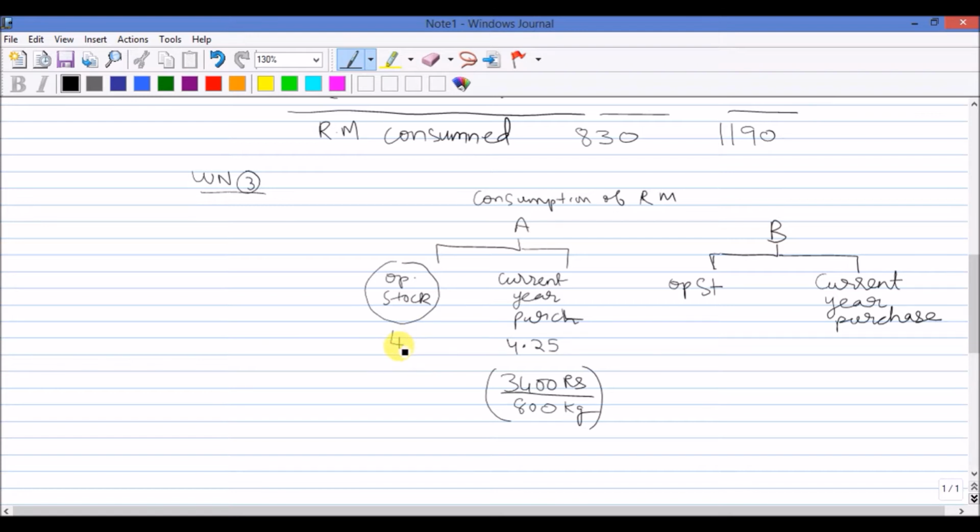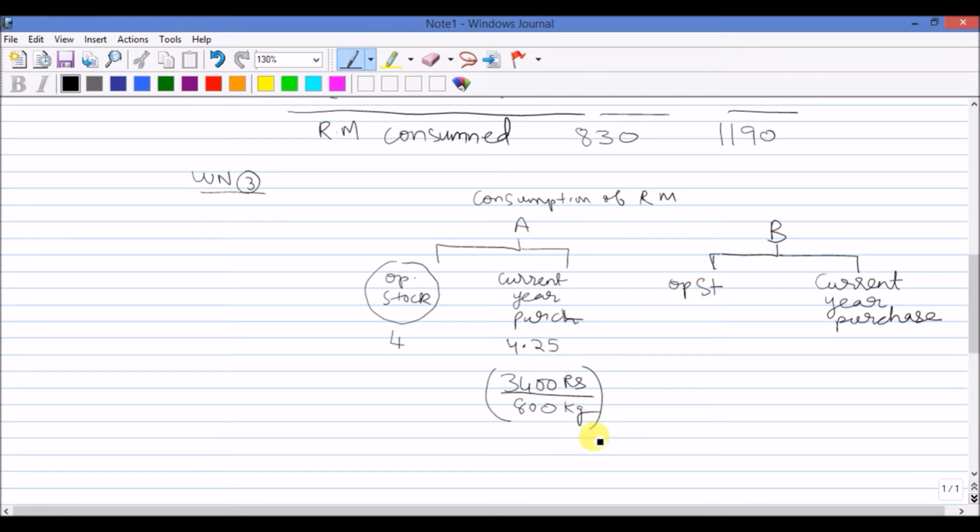In my first lecture I have already mentioned that the standard is being made keeping in mind the real market conditions. So we have to take the opening stock price as the standard price, which is 4. This is the price which would have been prevailing last year. So this is our assumption, and you should assume it.